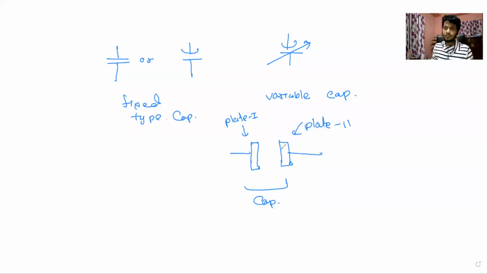Now we are going to see how a capacitor is charged and how it is discharged. That means we will analyze two phases of a capacitor, the charging phase and the discharging phase. Let me clear all of this.